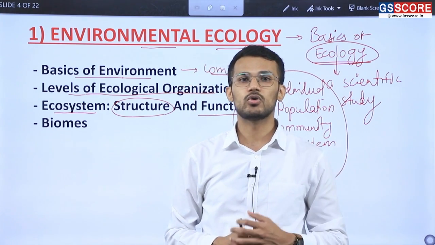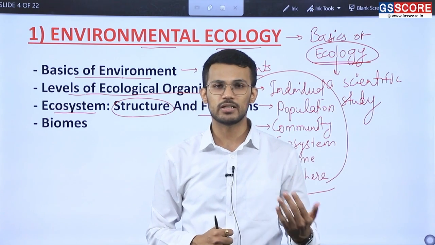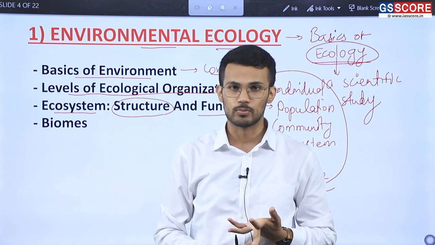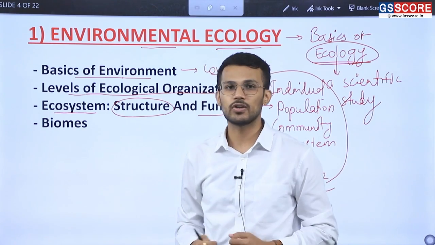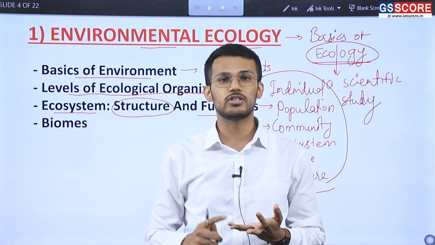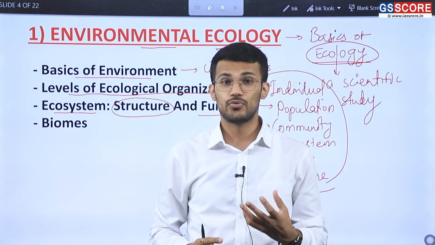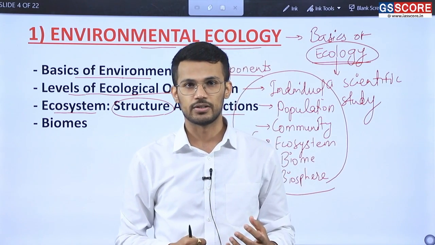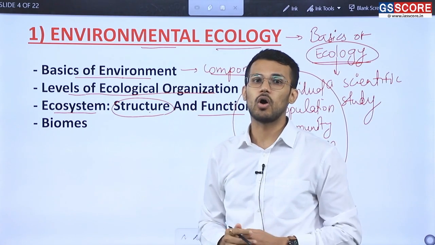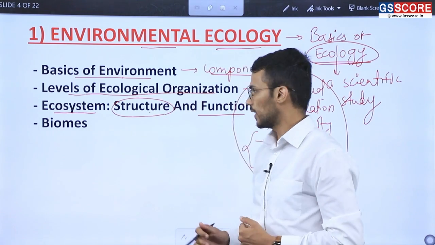And when we talk about biotic components, we are primarily focusing upon producers, consumers, and decomposers. And abiotic components may be inorganic components, organic components, and physical components of the environment, right? So those are the components which make up the structure of an ecosystem, right?